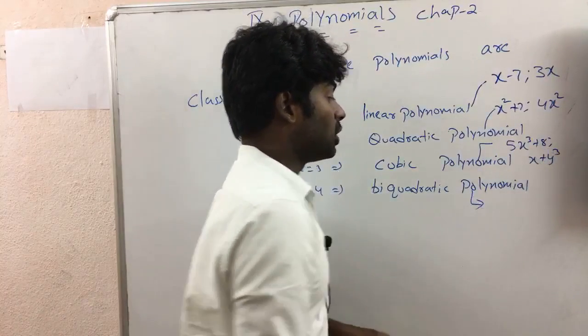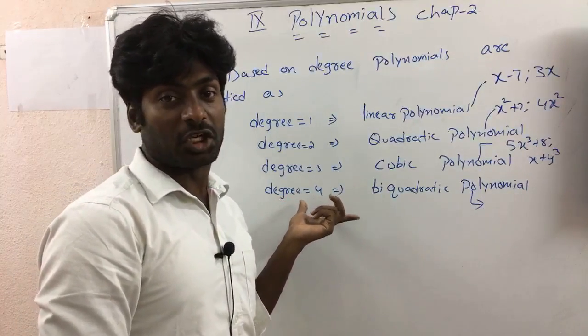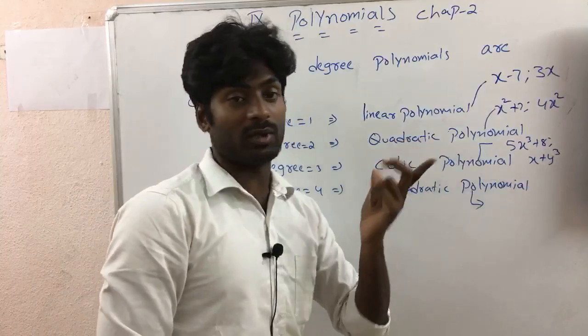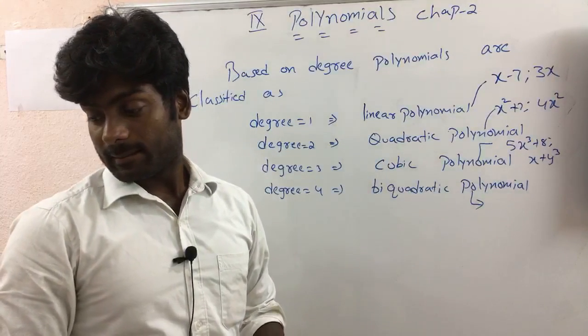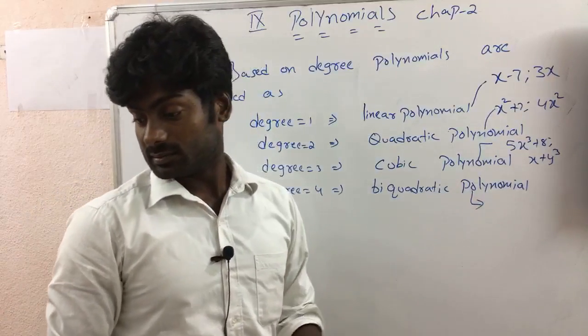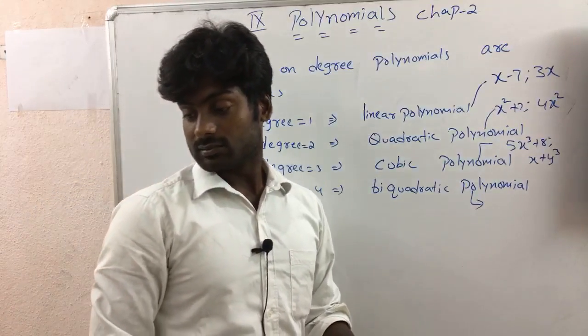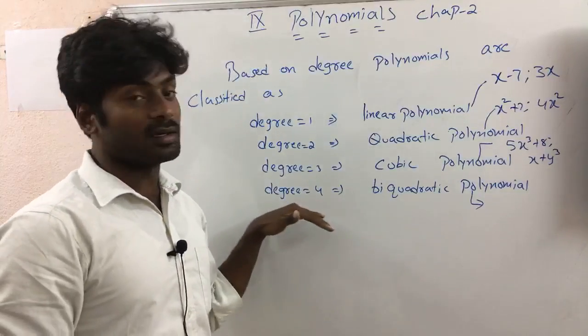Now biquadratic polynomial, that means degree 4. If the polynomial has degree 4, it is said to be a biquadratic polynomial. So give an example. The polynomial should have degree 4.